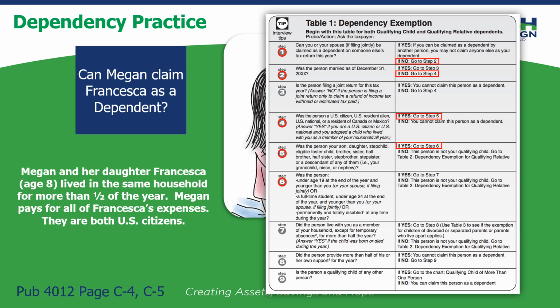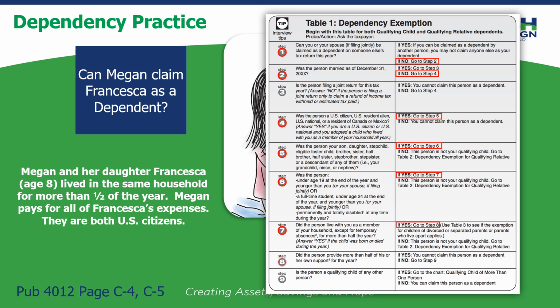We know that Francesca is 8 years old, so the answer is yes. So now we can move on to step 7. Did the person live with you as a member of your household, except for temporary absences, for more than half the year? Francesca did live with Megan for the entire year, so the answer is yes.